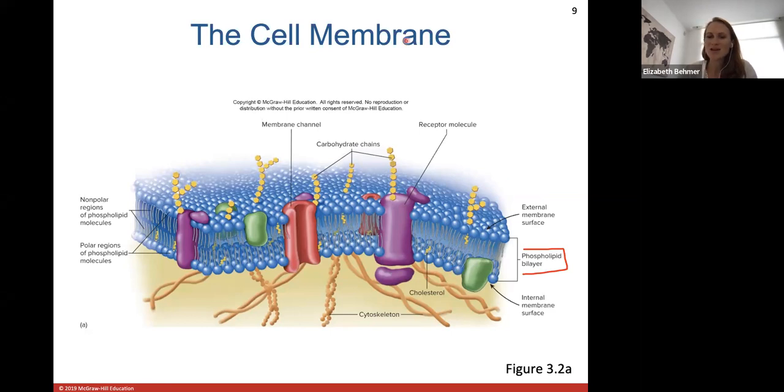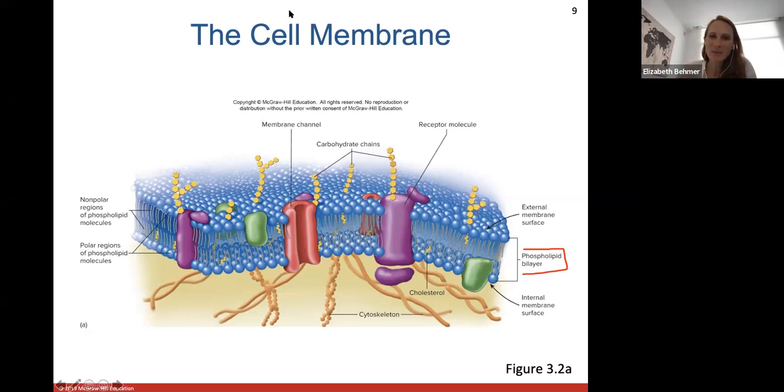But you can see here that the non-polar regions are the tails. They look like pieces of spaghetti touching each other. The non-polar regions are hydrophobic, meaning they do not like water. So they will touch each other, and then they'll only be in contact with each other and never have to touch water. That's how we get this phospholipid bilayer and how it rearranges itself, where the polar heads face inward and outward and the tails face into each other.